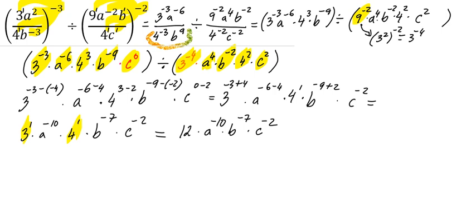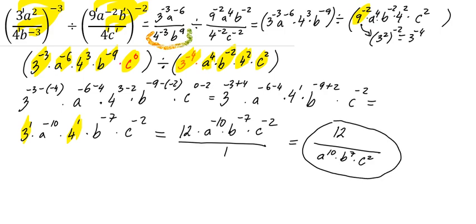So what we're going to do is just write this as a fraction divided by 1. So in that case, the 12 stays on top and all the letters go to the bottom. So if we push these negative exponents downstairs, they will all turn into positive exponents. So it's 12 divided by a to the 10th times b to the 7th times c to the second. And that is our answer.